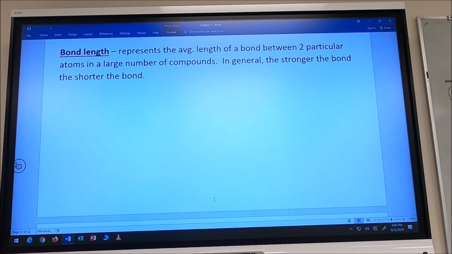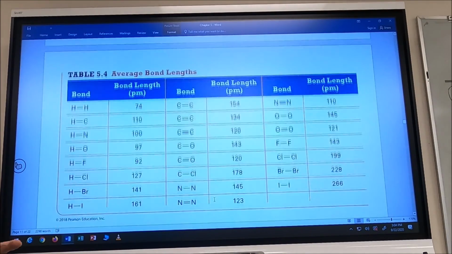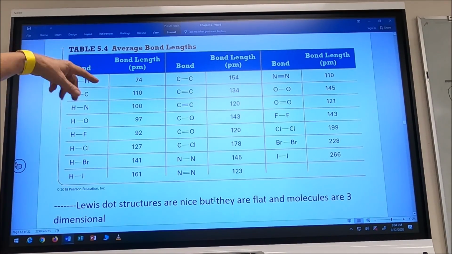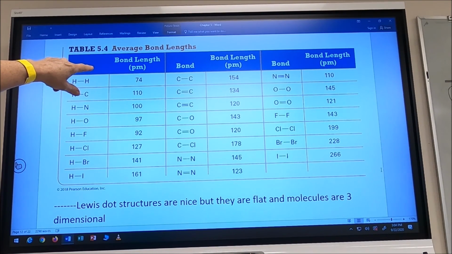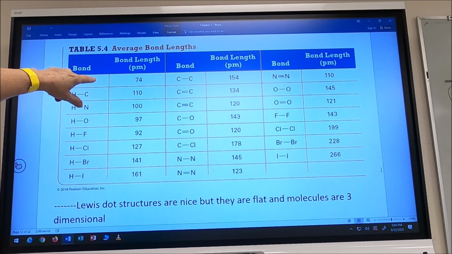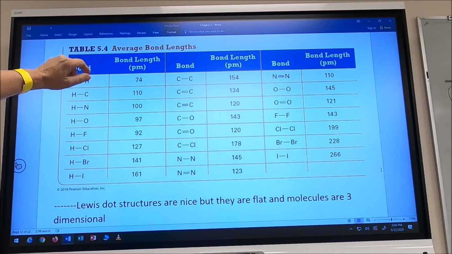So strong bonds are shorter, okay, than weaker bonds. So the table that goes along with table 5.3, you could look at them side by side. No, we're not going to here, but you can go back and look, and you can see that if you looked at the carbon, notice that carbon-carbon single, carbon-carbon double, carbon-carbon triple, they get shorter. If we go from carbon single to carbon double to carbon triple, they get stronger.